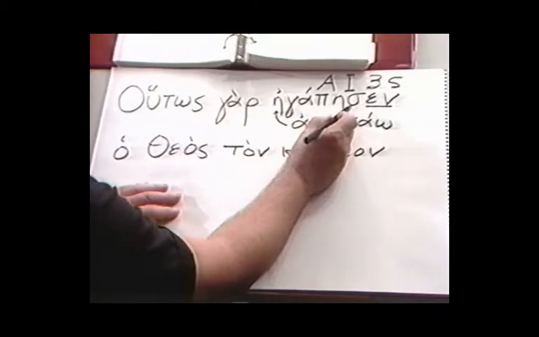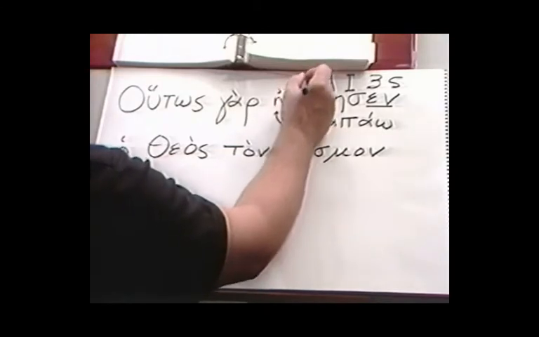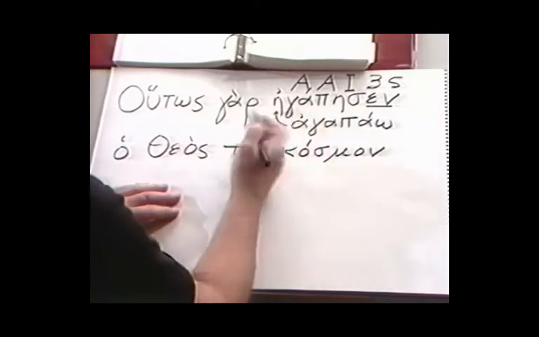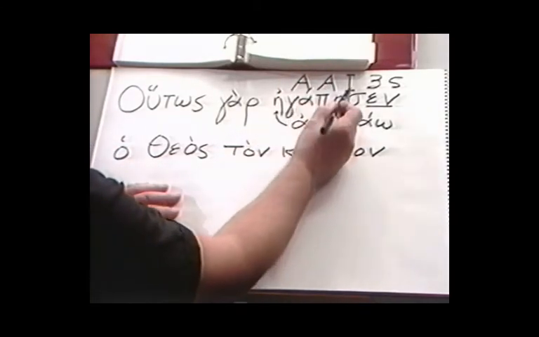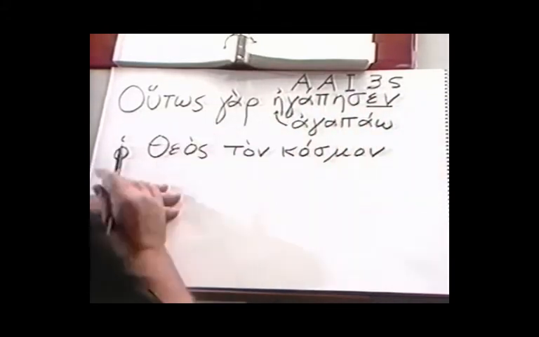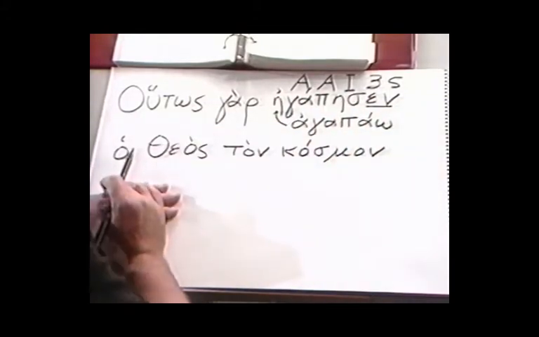And of the two tenses which we've narrowed this verb down to, either imperfect or aorist, which one has a sigma tense indicator? The aorist does. So our parsing is aorist, active, indicative, third singular. And a provisional translation for this verb would be he loved, or he has loved, or he did love.